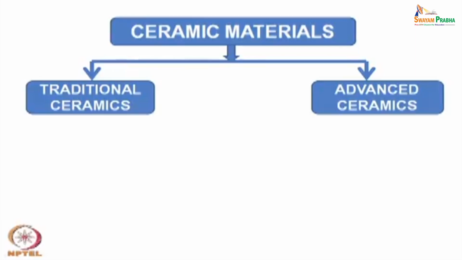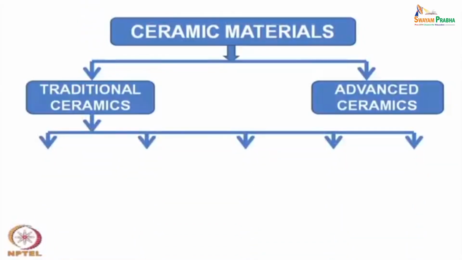However, we must be able to differentiate how it is advanced, advanced relative to what. In fact, advanced relative to traditional ceramics. So, we must know what traditional ceramics is and also how to differentiate advanced ceramics from traditional ceramics. So, let us look at it.